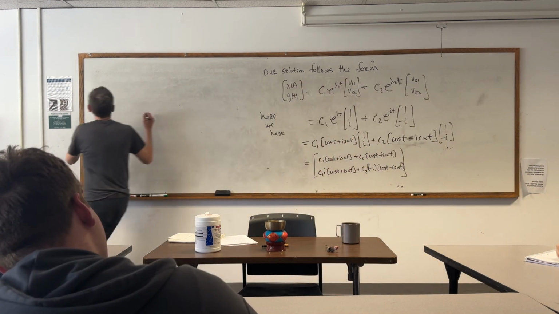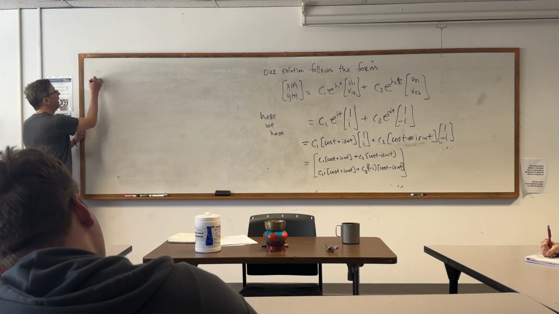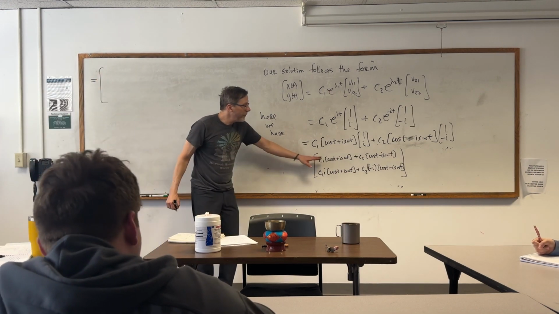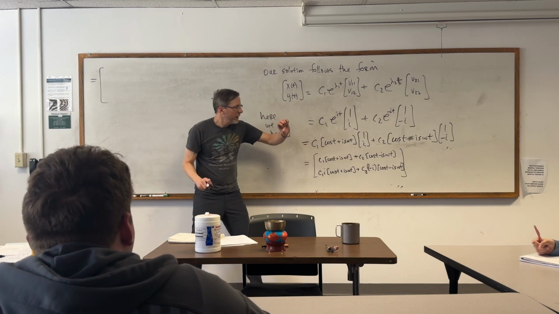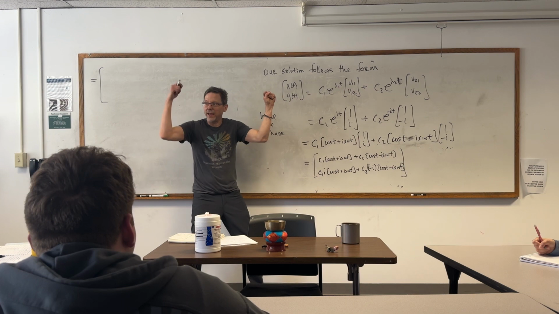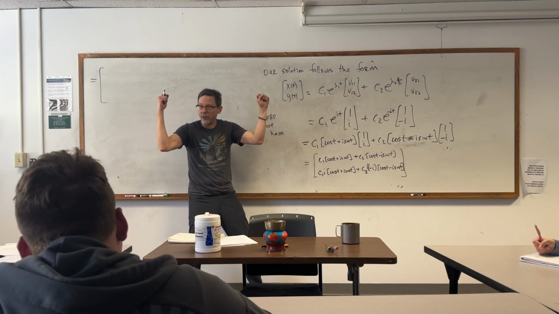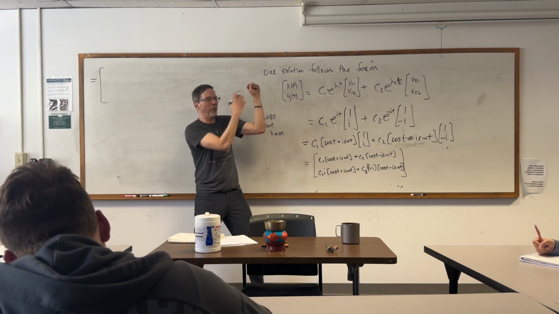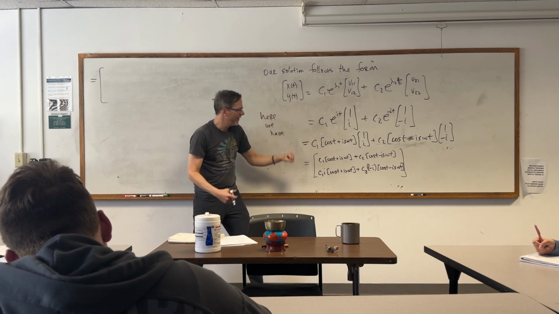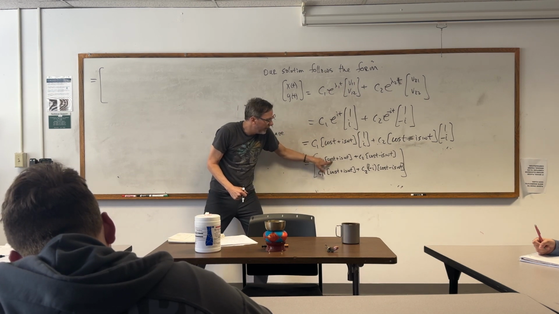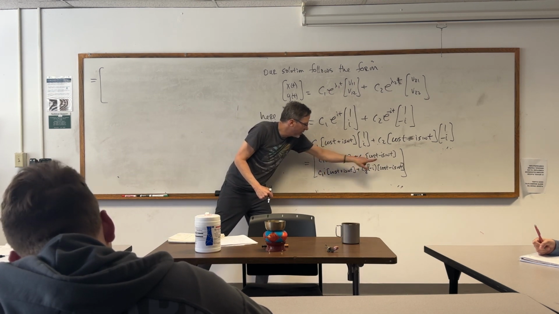So I'm going to rewrite this as, the top one's pretty chill, but I am going to regroup it. So the i stuff clusters like oil, and the real stuff pulls together like water. So the i is kind of like a suction that pulls all the i stuff together. So I'm going to rewrite this as C1 cos t plus C2 cos t.